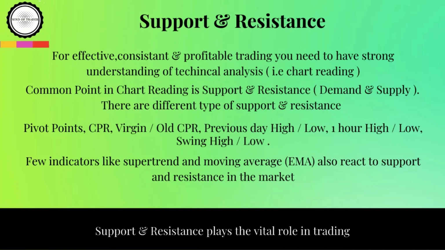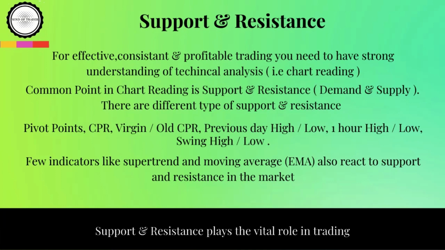If you want to use them, you just have to click, and the pivot points and CPR will come and you can use them. Virgin CPR, old CPR, previous day high and low, 1 hour high and low, swing high and low. What are these? We'll tell you. However, they are also support and resistance providers, but we have to manually calculate them and put them on the chart. This also we will tell you.